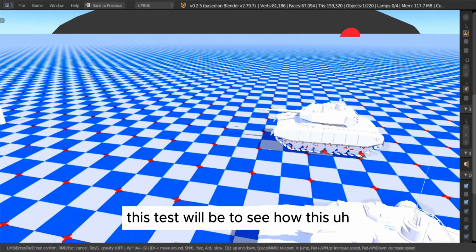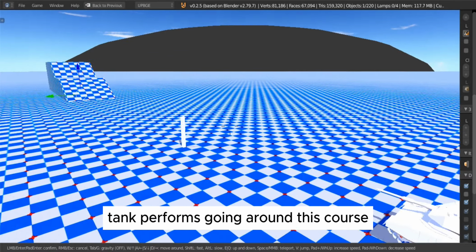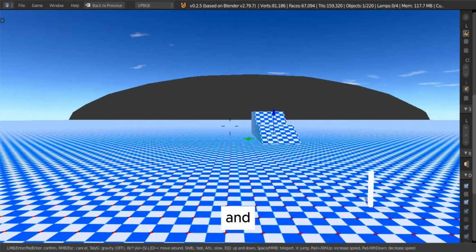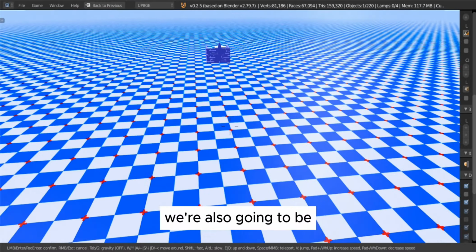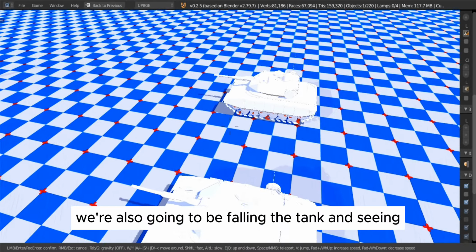This test would be to see how this tank performs going around this course, and we're also going to be following the tank and seeing what it feels like to follow an AI tank. And then lastly, it's going to go on this ramp and return back to its original position.